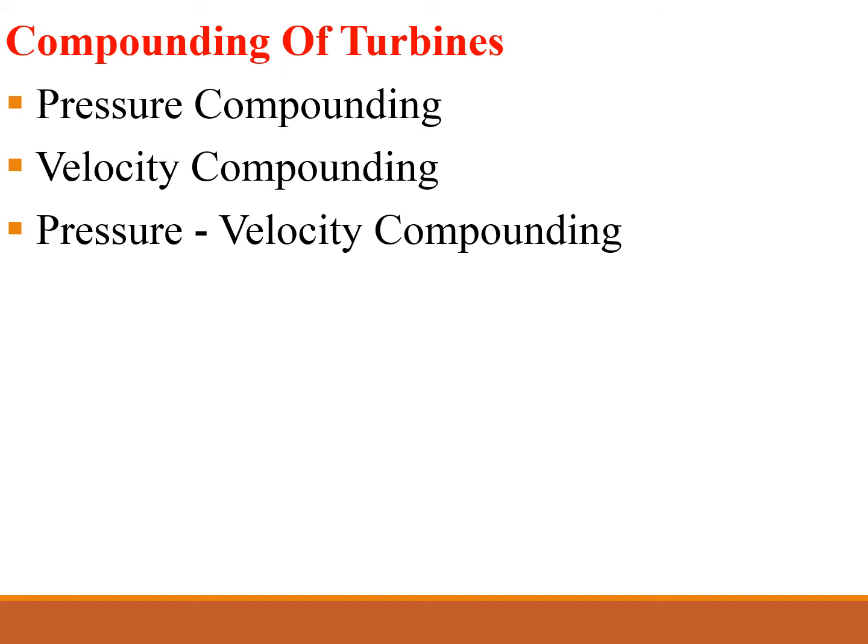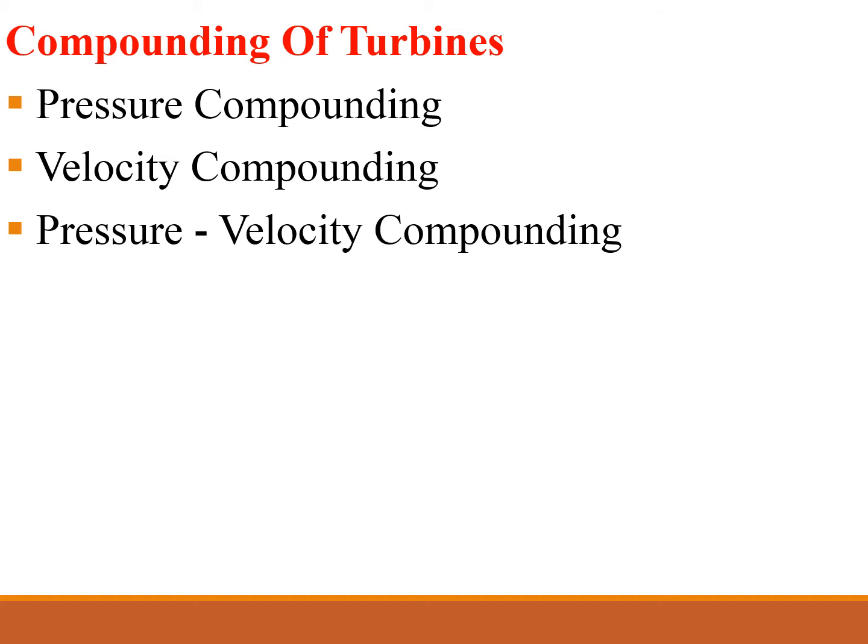Such a high rotational speed is not useful for any practical purpose, and hence it becomes necessary to reduce the rotor speed of the turbine by gearing, as there is danger of blade failure due to excessive centrifugal stresses when a single stage of blades is used.